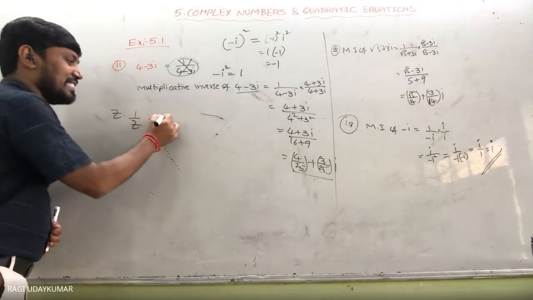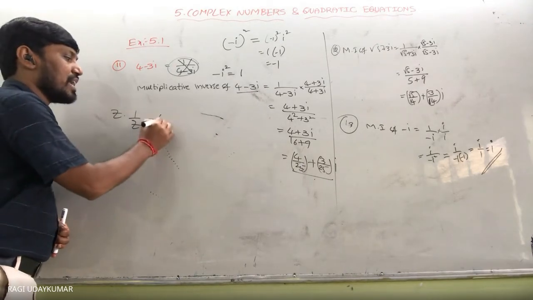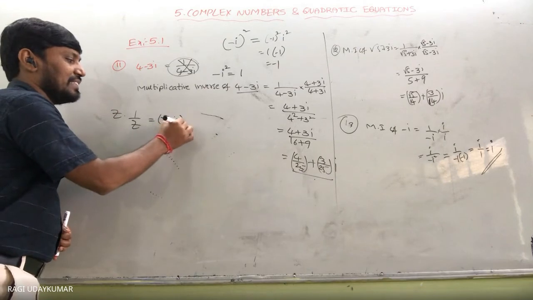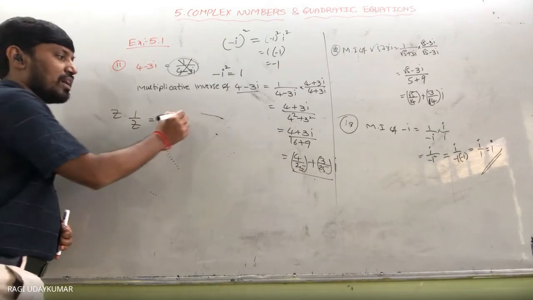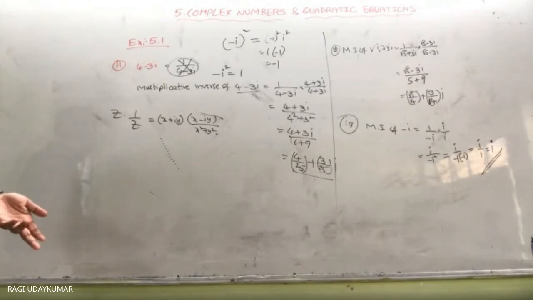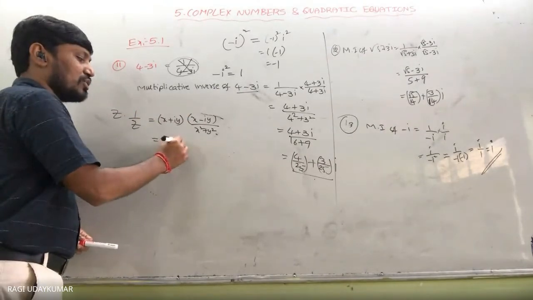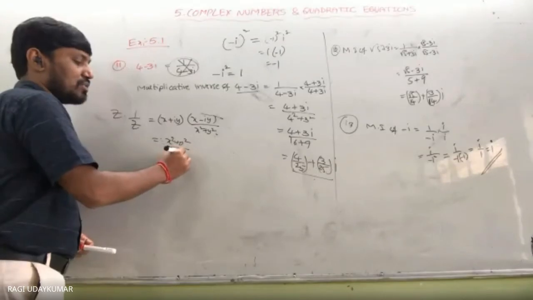See here, suppose z is equal to x plus iy. What will 1 by z be? Minus iy by x square plus y square. Isn't it? And if you multiply these two, what do you get? x square plus y square by x square plus y square.